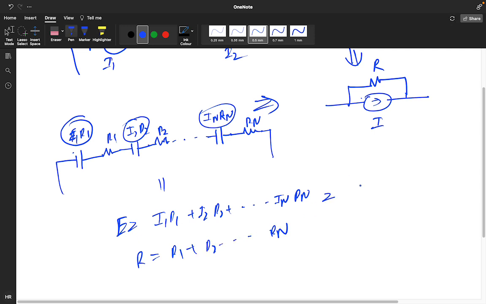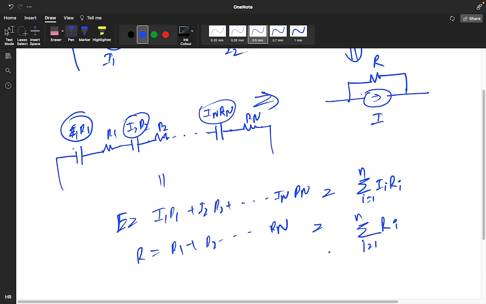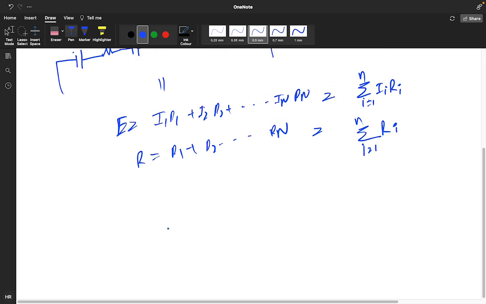We can write these as summation of I into R, i equals 1 to n, and summation of Ri, i equals 1 to n. So now we have negative positive, that is my E, and this is my capital R.